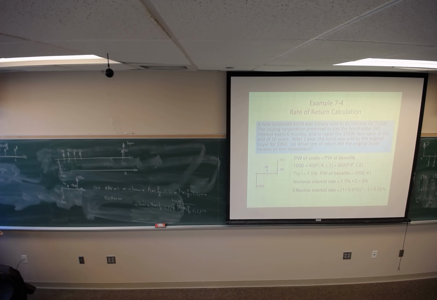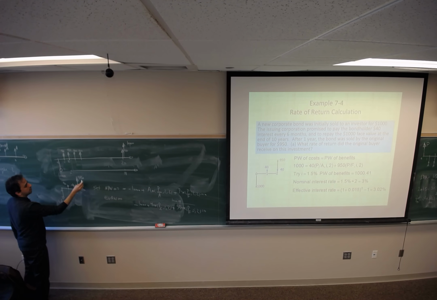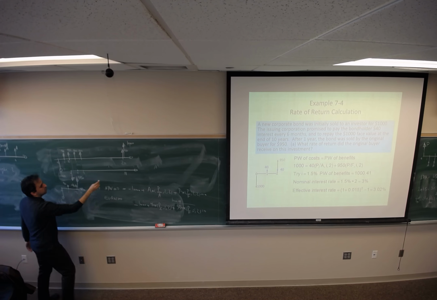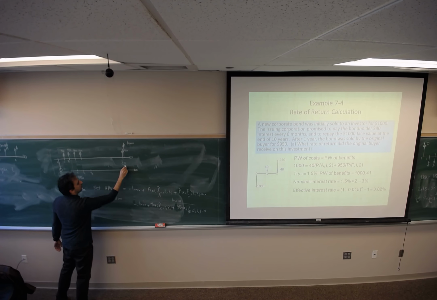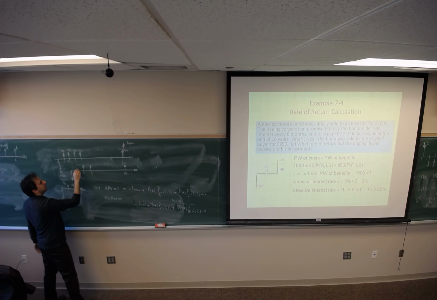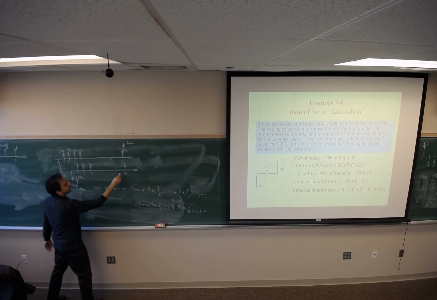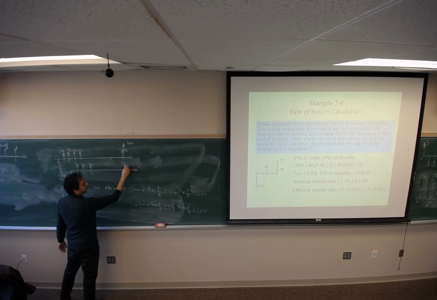So how much has the buyer paid? 950. So the buyer can get the benefit of $40 for the remaining term, which is 9 years or 18 periods of time, plus this $1,000.